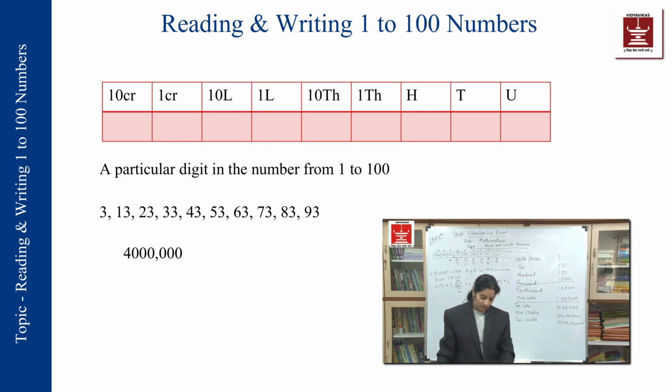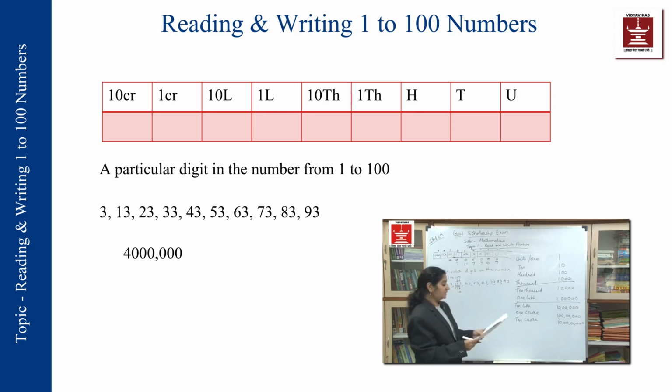We'll have one more of the same type. We'll see this: how many zeros are there to the right of 4 digit? When you're writing the number 4 in 40 lakhs.